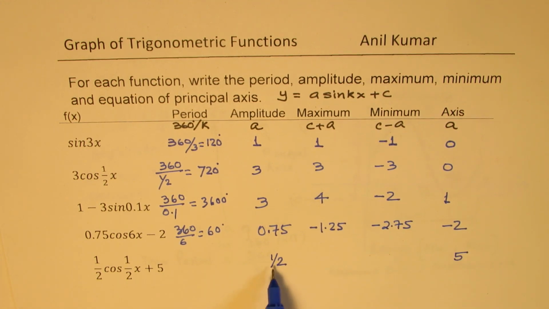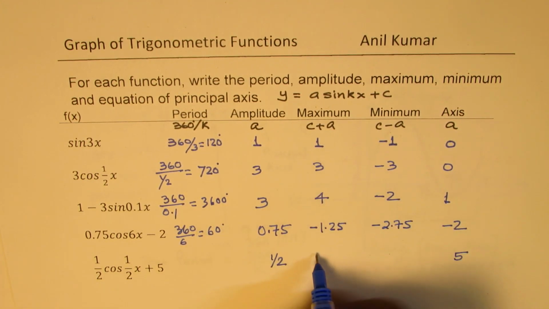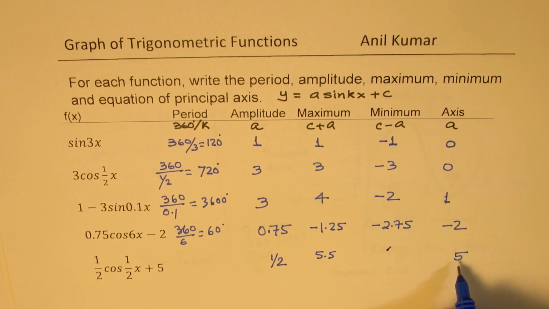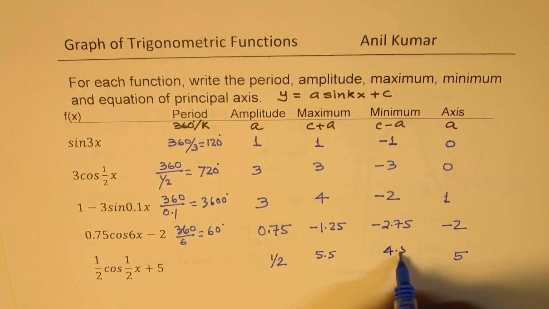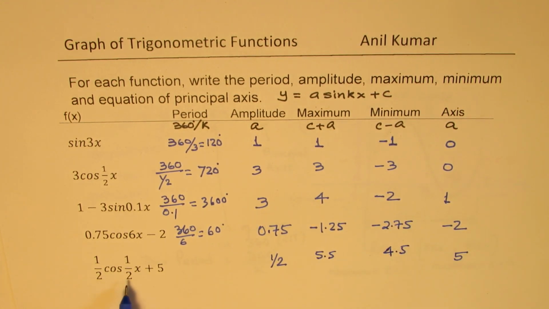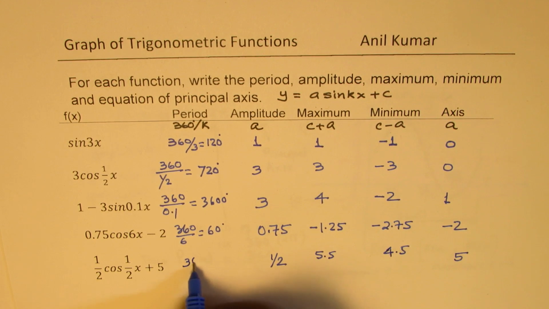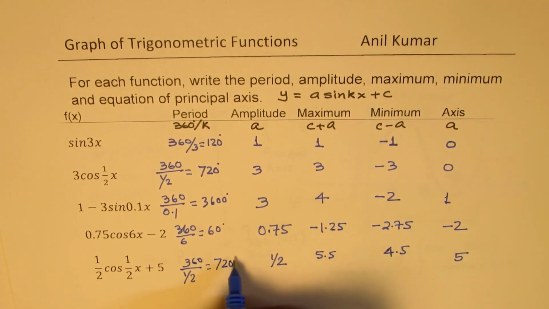So if you add half to 5, you get the maximum, which is 5.5. And if you take away half, you get what? 4.5, right? So 4.5 will be the minimum. As far as the time period is concerned, it will be, just as we did here, 720. That is 360 divided by half, which is 720 degrees.